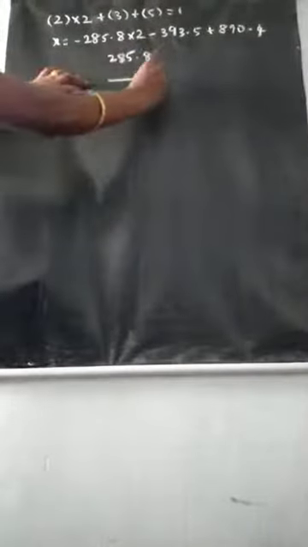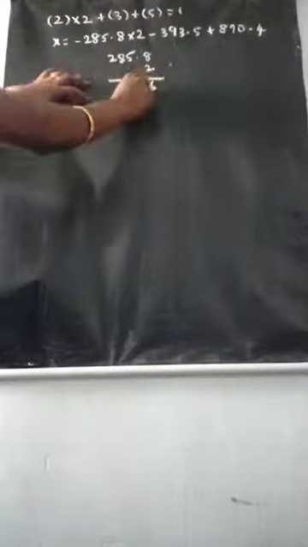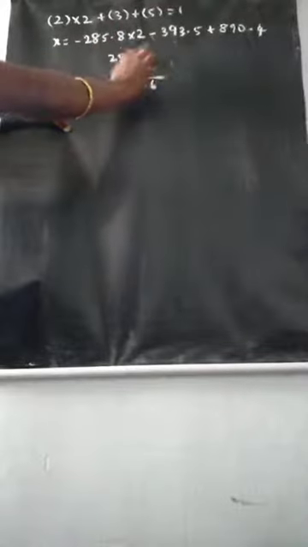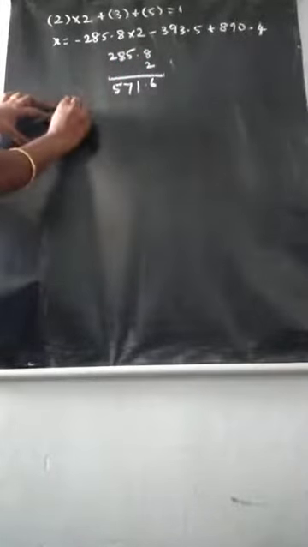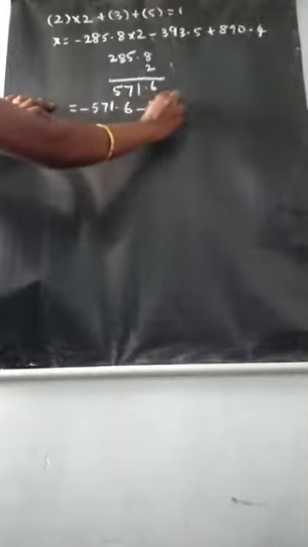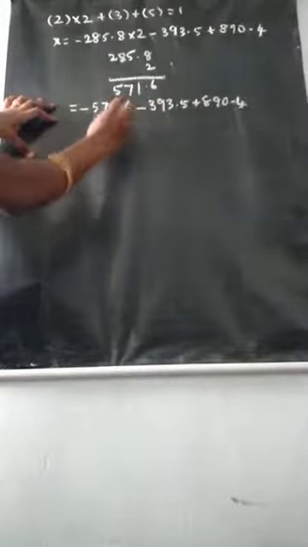If you multiply this, tell the answer. Minus 571.6 minus 393.5 plus 890.4. If you add this, tell the answer.